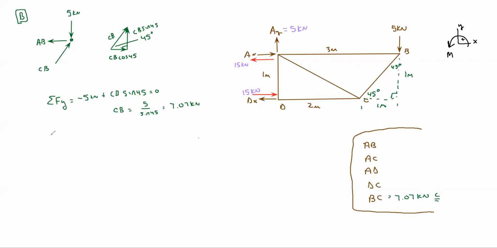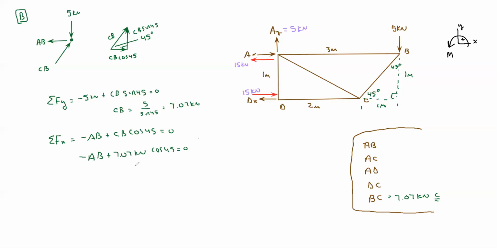Knowing that, what else do we have? We have summation of forces in the x direction: negative AB plus CB cosine 45 is equal to 0. We know CB now, 7.07 kilonewtons, cosine 45.